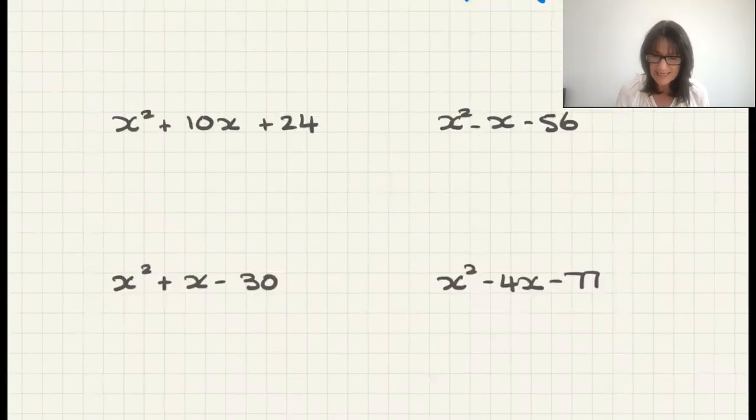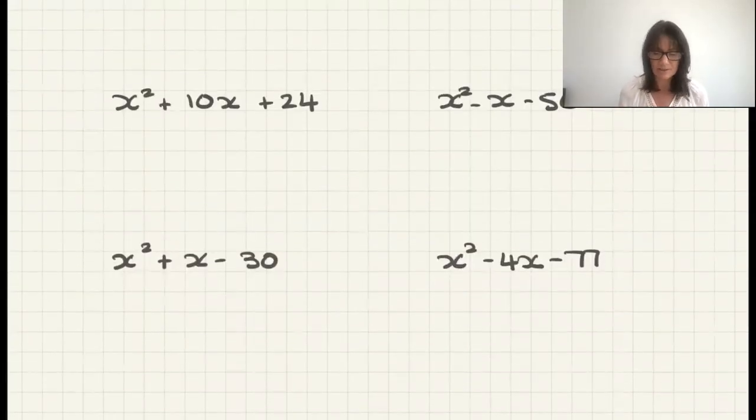Okay, so let's see the whole method. So we're going to do this one first of all. This is the steps that you do every single time. So you go, okay, it's factorizing. There's three terms, so it's two brackets. Get those done.